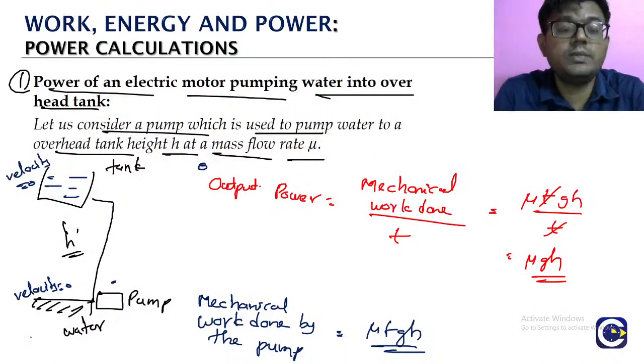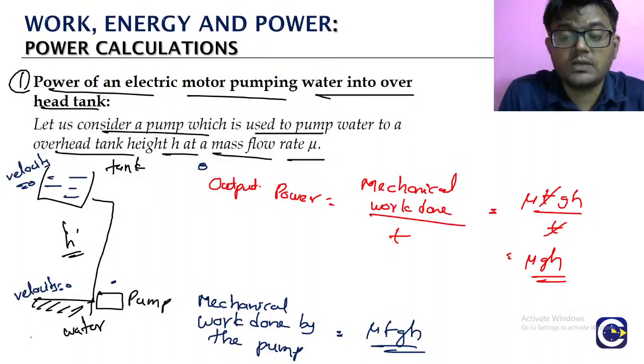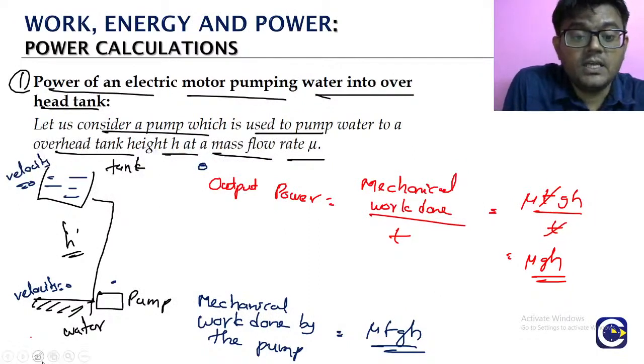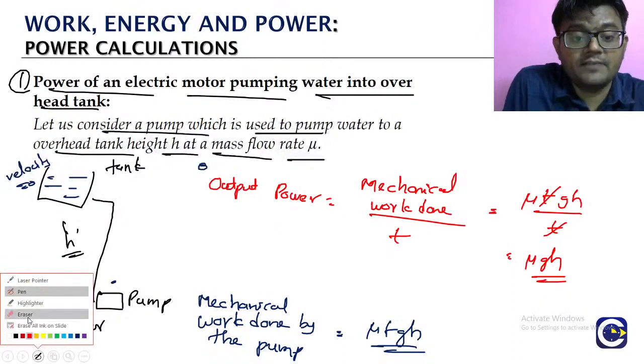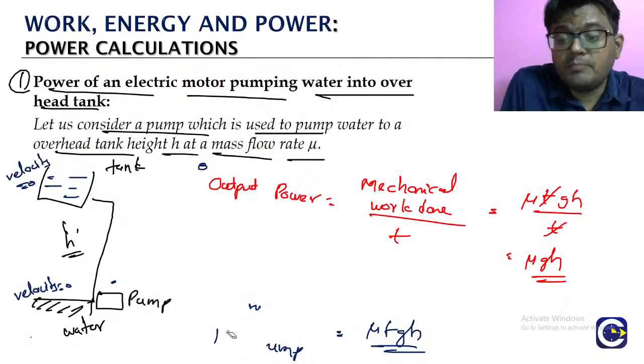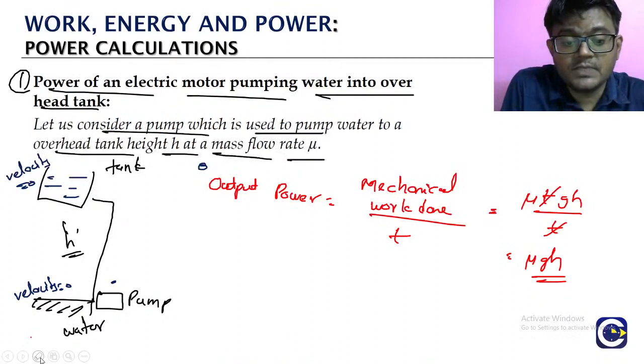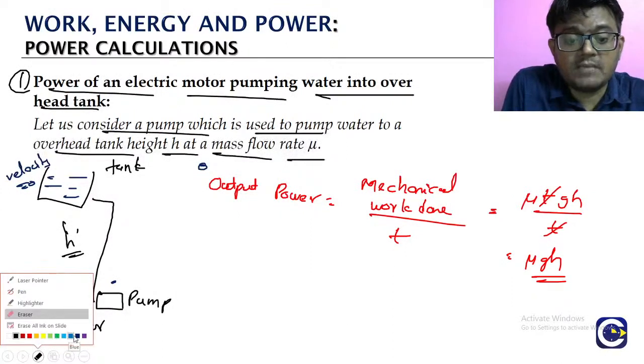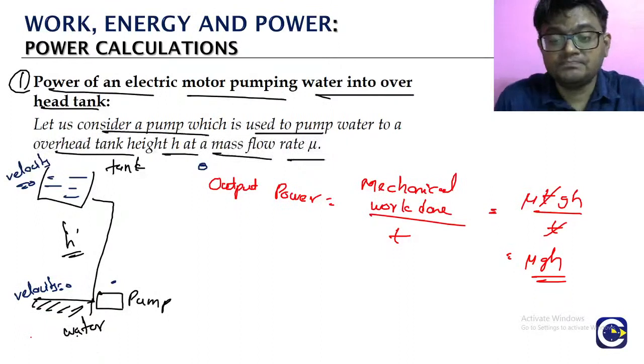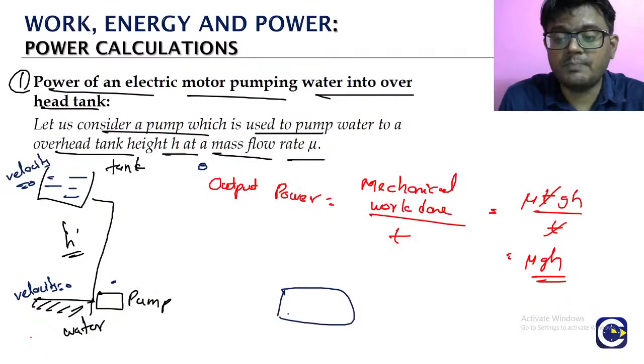Generally what we assume is these pumps are operating at 100% efficiency. The general assumption is that the pumps are operating at 100% efficiency, but practically what happens? They will not work at 100% efficiency, right? The electrical motors are working because they are consuming electrical power. That is the input. So you have a pump here. What is the input for that?